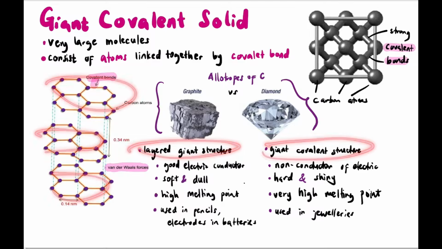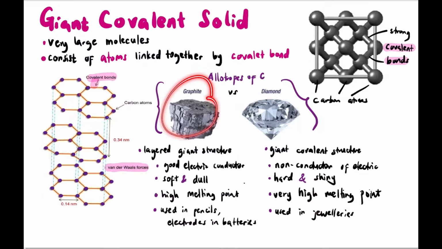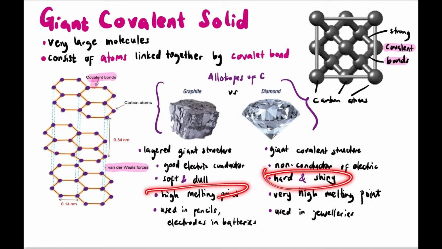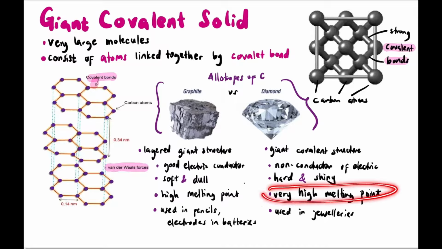Diamond, we say, is a giant covalent structure. Graphite is a good electric conductor, but diamond is a non-conductor of electricity. Graphite is soft and dull, diamond is hard and shiny. Graphite has a high melting point, diamond a very high melting point. Graphite is used in pencils and electrodes in batteries, and diamond is used in jewelry. Graphite and diamond are called allotropes of carbon.